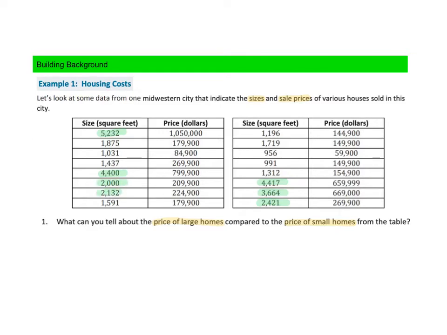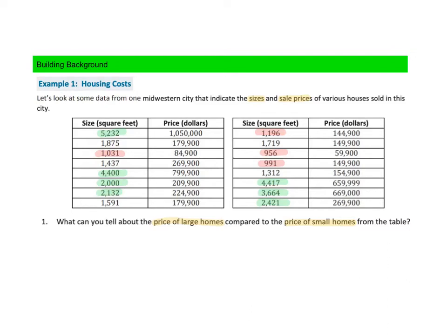And then I'm going to highlight the smaller homes in red. These are the ones that are under 1,000 square feet. Those are the tinier ones, and then here's one that's right at 1,000. Okay, so let's look at these prices and make a conclusion about this data.